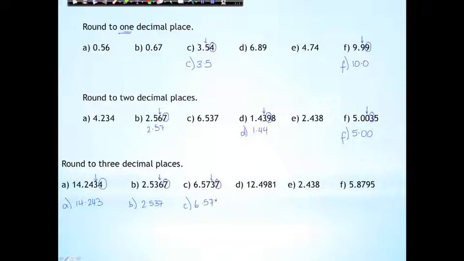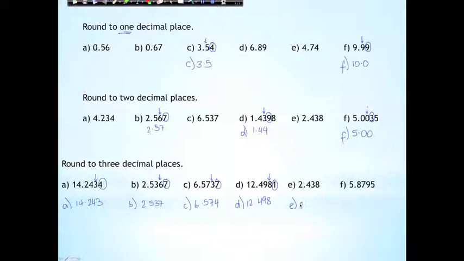The next one is 12.498, because that's the one that tells me I round it down. And then this one I keep the same. There's only 3 decimal places there.